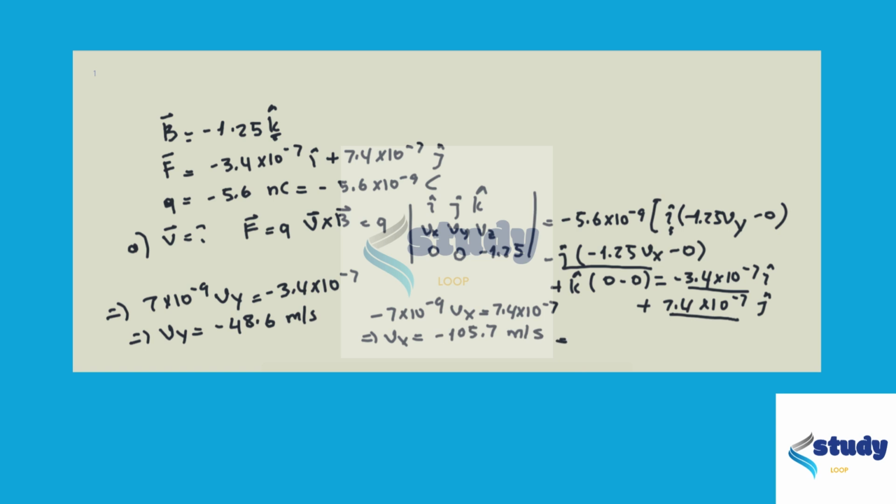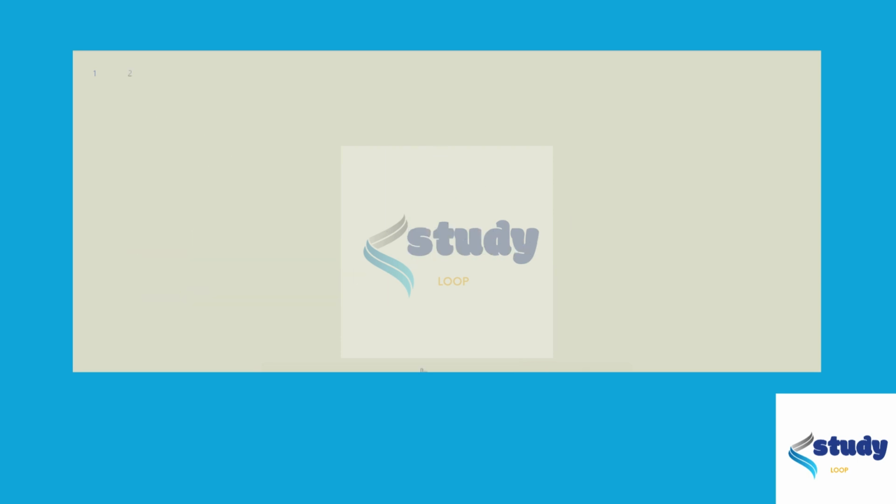So at the end, we can write the velocity vector in terms of the components: negative 105.7 i hat minus 48.6 j hat. Now in part B, let's go to a new page.